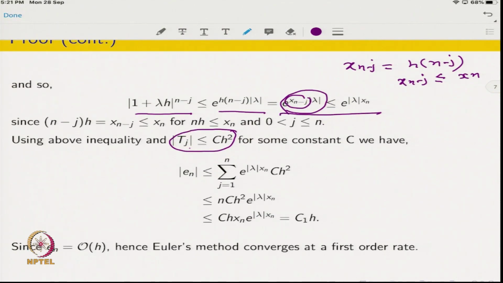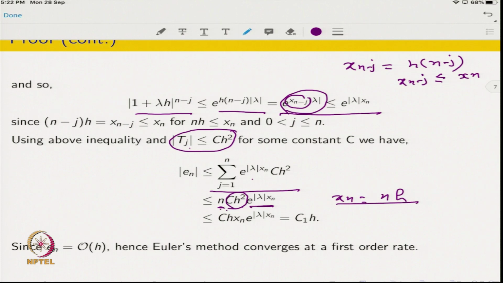When we substitute this here, we substitute the bounds for Tj as well as the bounds of this inequality here, and this term is Ch squared, we can take it common, and this is again independent of j. That is why n and this term has come. So, Ch again we can write, and nh, xn is basically nh.